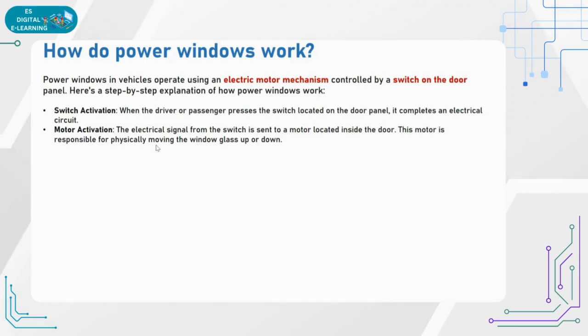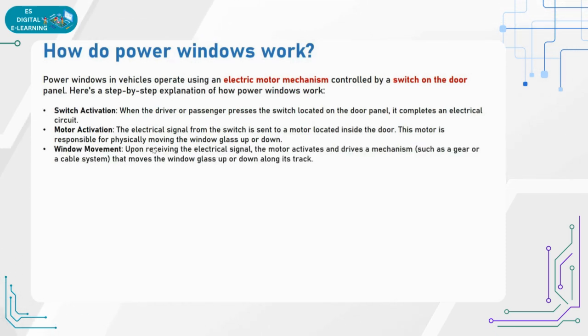Next, the movement of the vehicle: whether the vehicle is standing or running, you need to operate the window. At that time, how the window movement happens when the vehicle is running or not, you need to check as part of testing.